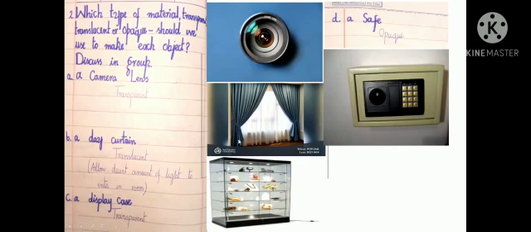A day curtain is translucent, meaning it allows a decent amount of light to enter our room. You can see that some rays of light can pass through it. So this is an example of a translucent object. Number 3, a display case. You can see here, this is a transparent material, all the light can pass through it. A safe is an example of opaque material.